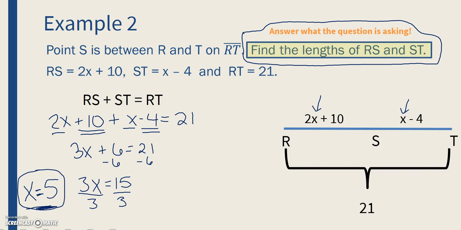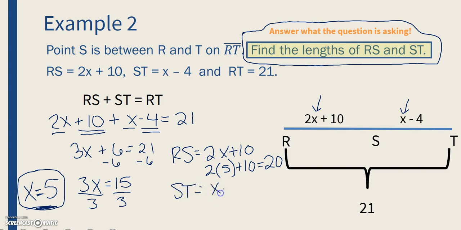Okay, so for RS, it's 2x plus 10. So we're going to go 2 times 5 plus 10, and we can type that directly into our calculators. So 2 times 5 plus 10 is going to give us 20. And then for ST, that's x minus 4.